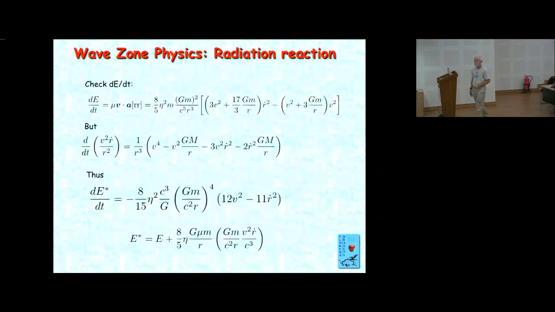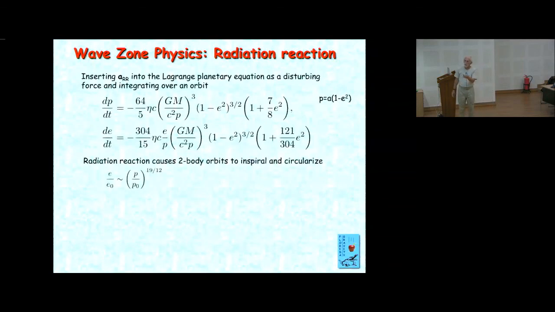But when you do that, you get an average over an orbit. You find that dp/dt, the semilatus rectum, which is related to the semi-major axis this way, decreases. Again, it's order 1 over c to the 5th, with these factors that depend on eccentricity. The eccentricity decreases, with some factors here.